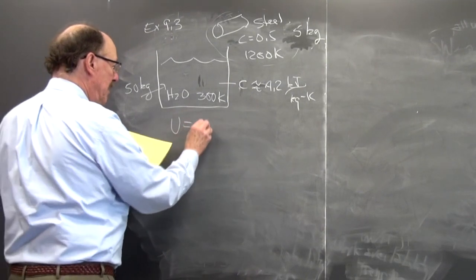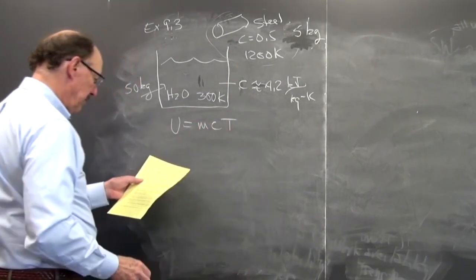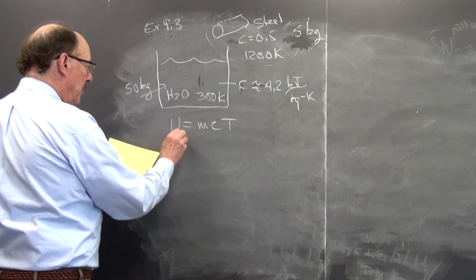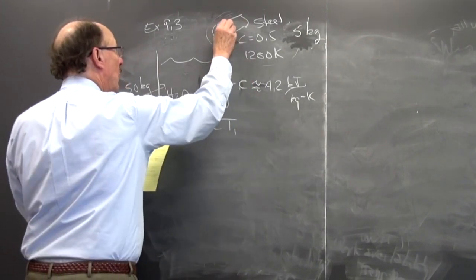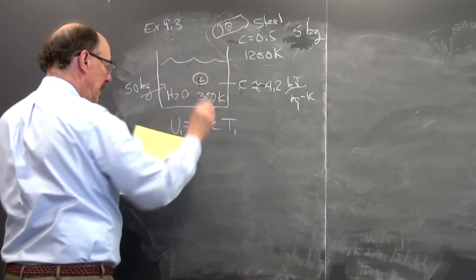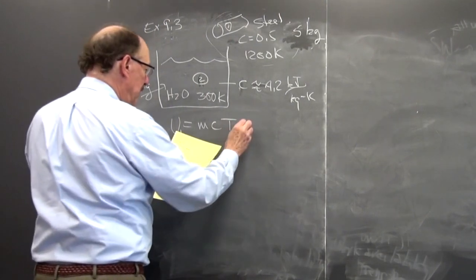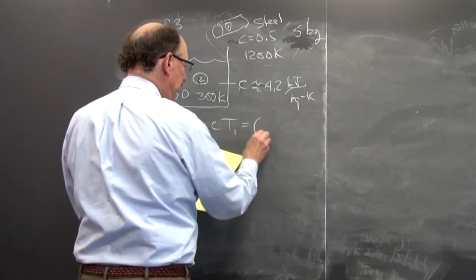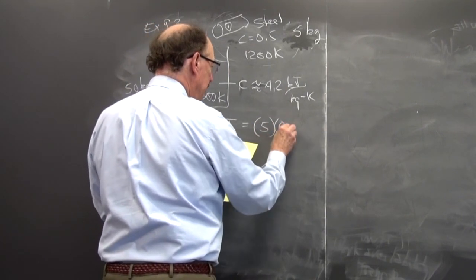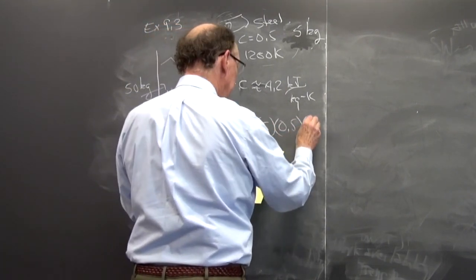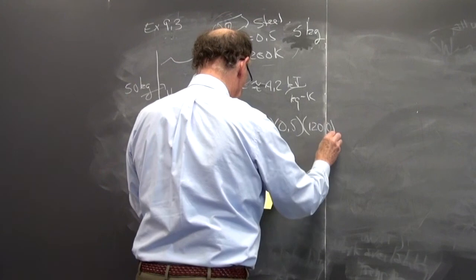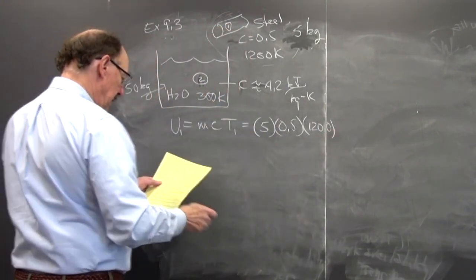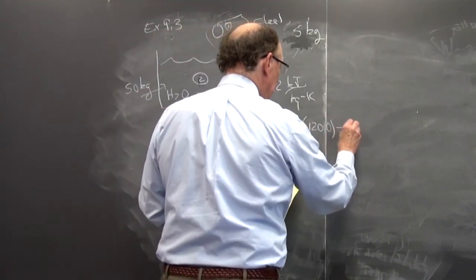And so now we can represent the internal energy. U is equal to mCT. So I can let this be state 1, I'll let this be 2, and then the equilibrium be 3. So for U1, M is 5 times 0.5 times 1200. So that's 3,000.